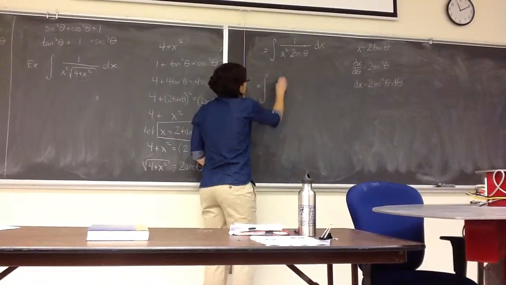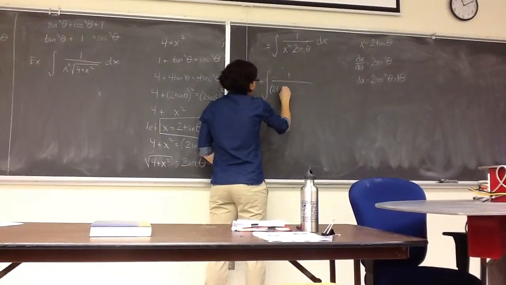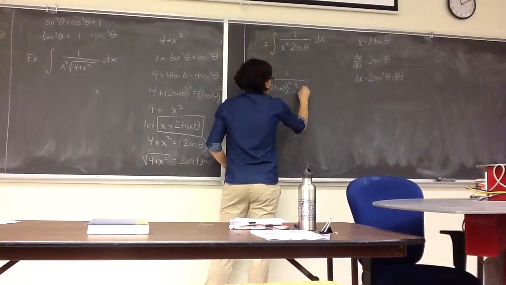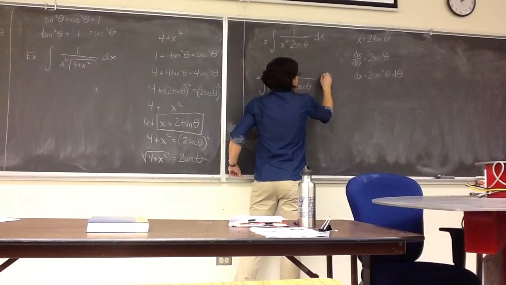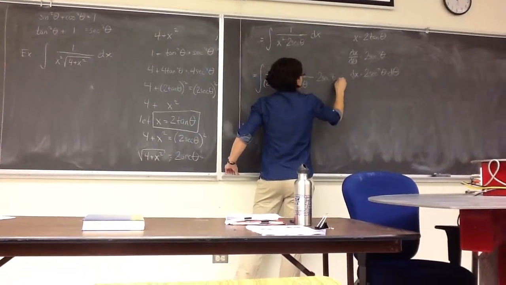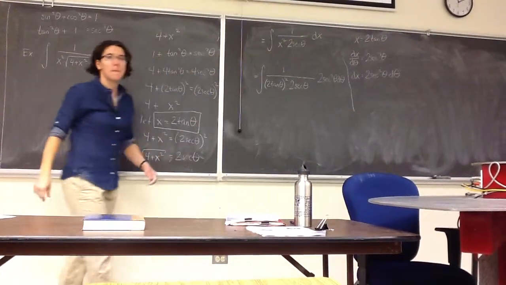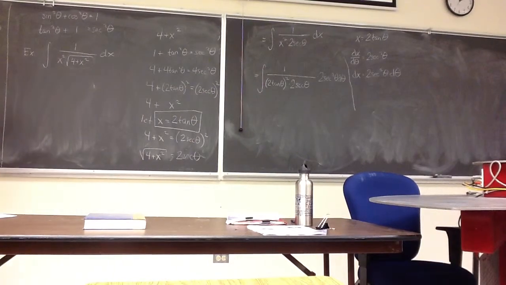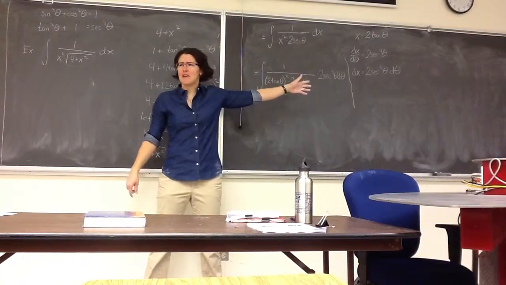So we've got the integral of 1 over 2 tangent theta quantity squared times 2 secant theta times, back in our numerator, 2 secant squared theta d theta. Okay, we've turned our integral entirely into thetas.